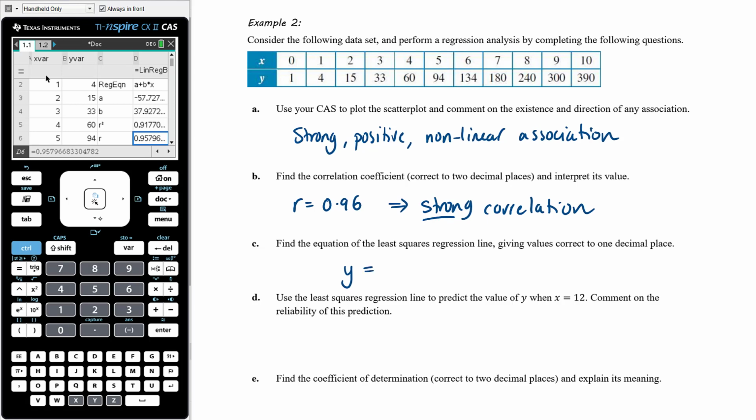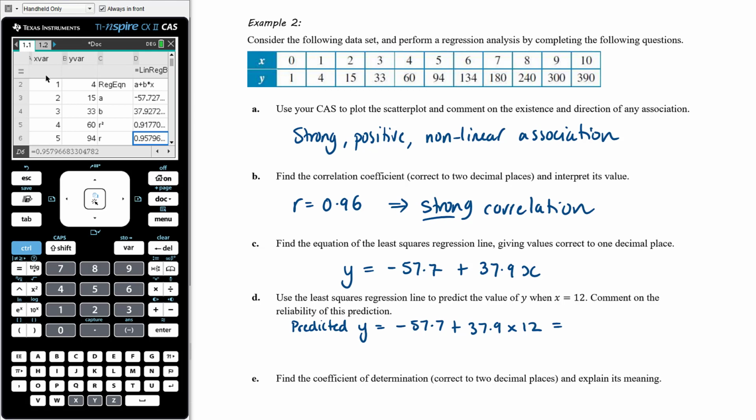A is now to 1 decimal place, so negative 57.7 plus B, which is 37.9 times X. Use the least squares regression equation to predict the value of Y when X equals 12. Comment on the reliability of this prediction. Okay, so predicted Y is going to be negative 57.7 plus 37.9 times 12.